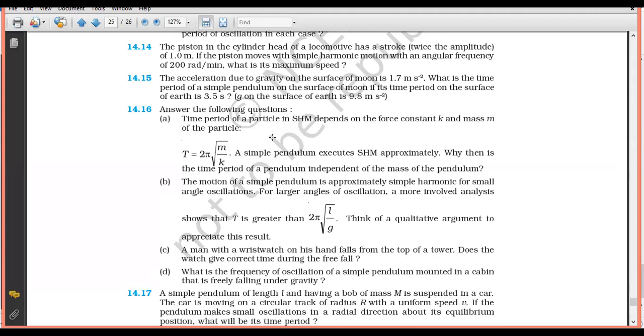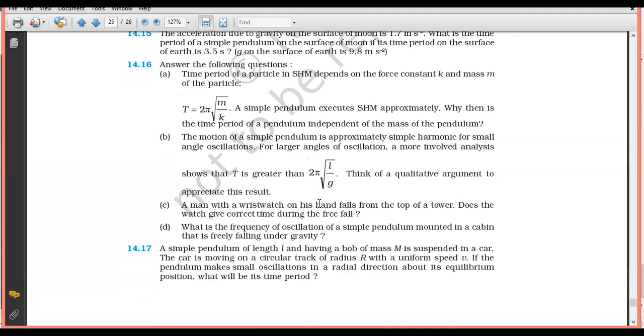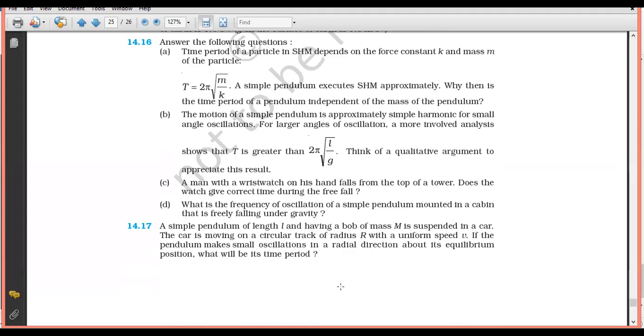So there are some theory type of questions. We can come back. Let's see. 17 is a pendulum inside a car moving on.